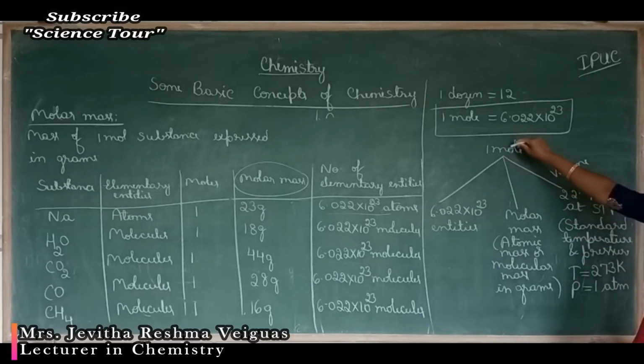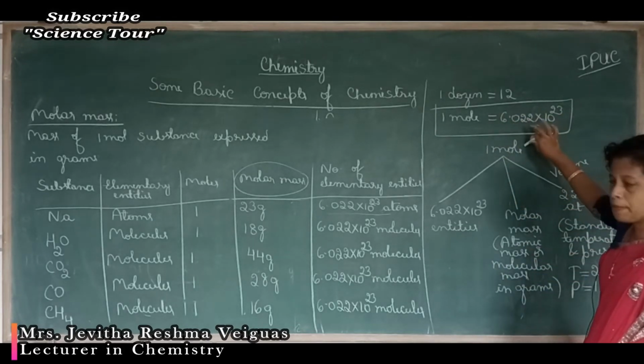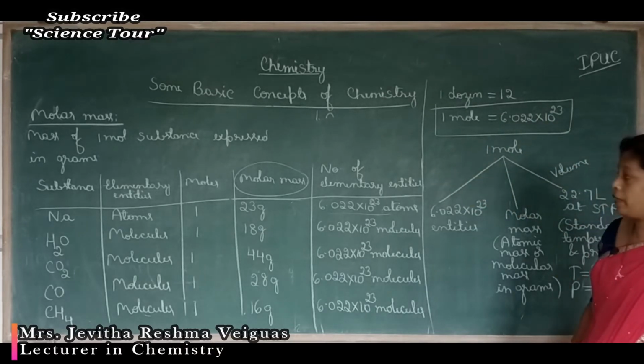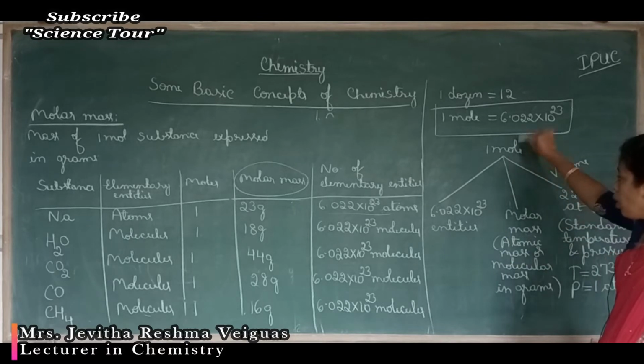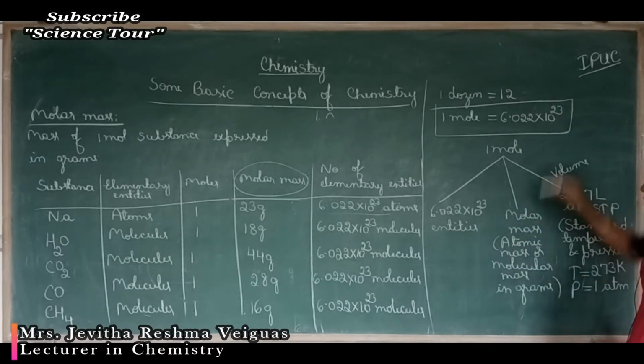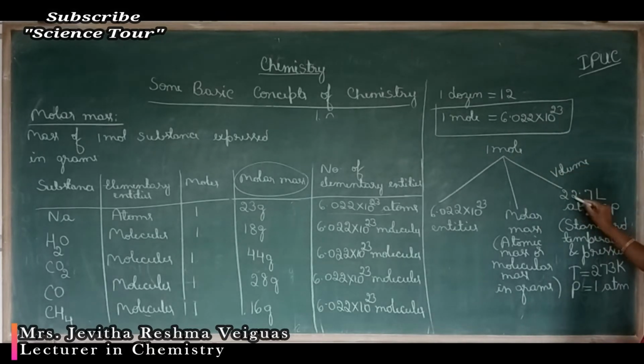So students, remember this relation. 1 mole of any substance will have 6.022 into 10 to the power 23 entities. 1 mole of any substance will have mass equal to molar mass. 1 mole of any substance will have volume equal to 22.7 liter at STP.